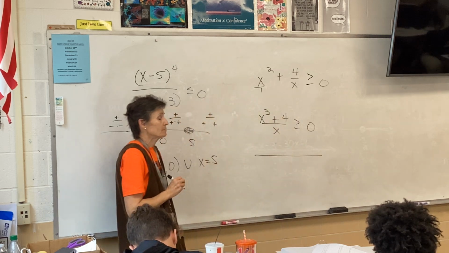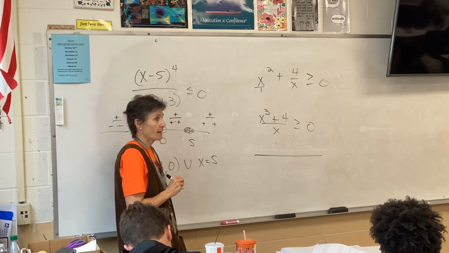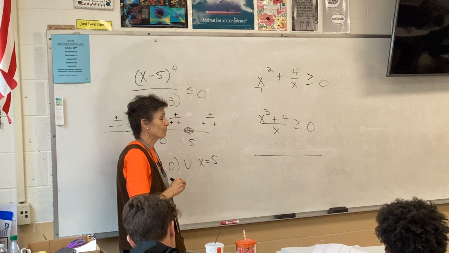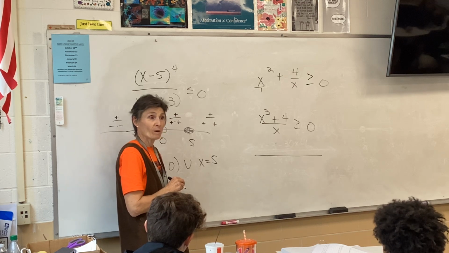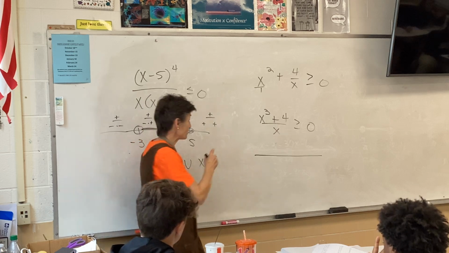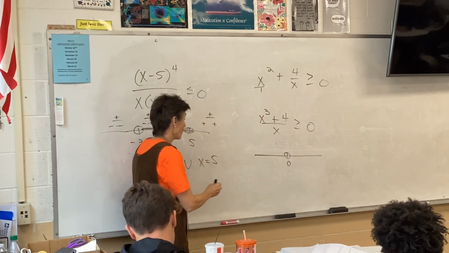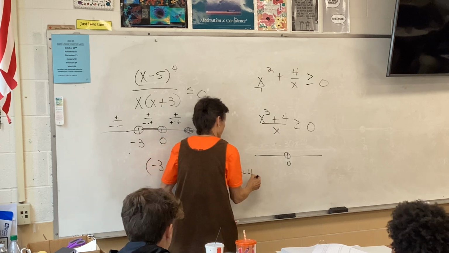The top does not factor, at least not rationally. You can factor it with cube root 4 and stuff, but it doesn't factor rationally. But you can tell where the 0 is. The 0 for the bottom is a 0, right? You know that. Where's the 0, the key point for the top?